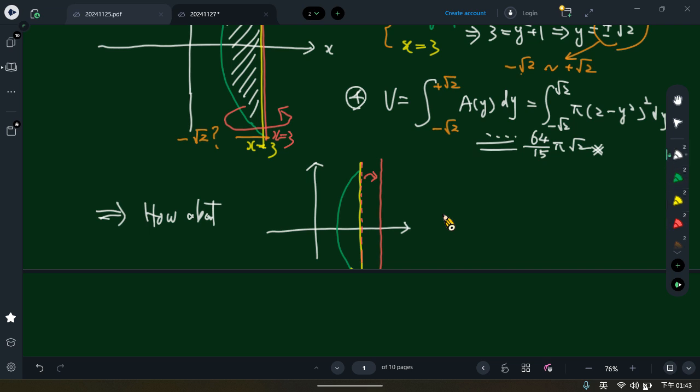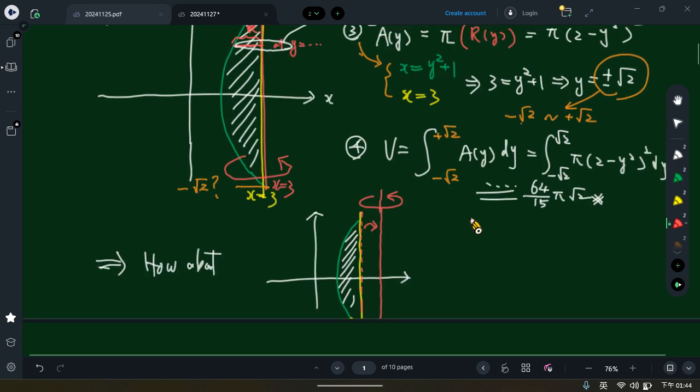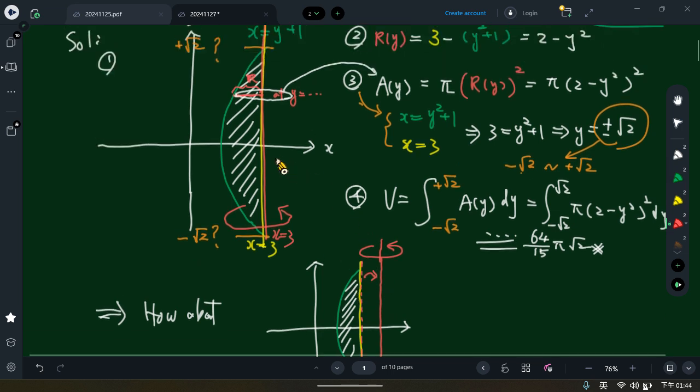And I ask you to use this as the cross region and the red line as the rotation axis. I believe we can imagine that the volume for this case is different from this one, right?